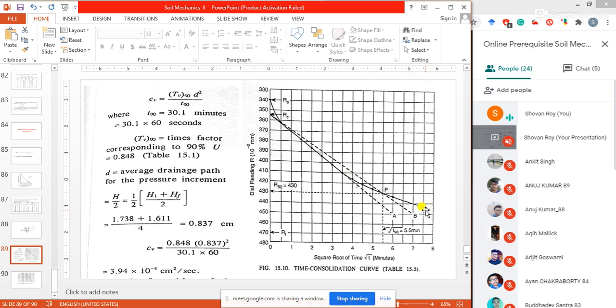So we have drawn one tangent line, line A, with this curve portion, and from this line you can calculate our actual initial reading of the consolidation.